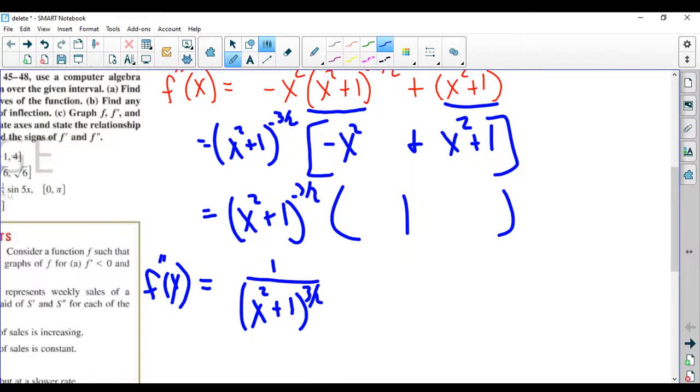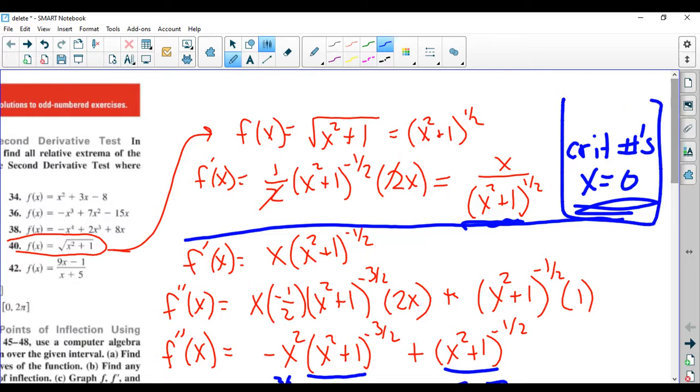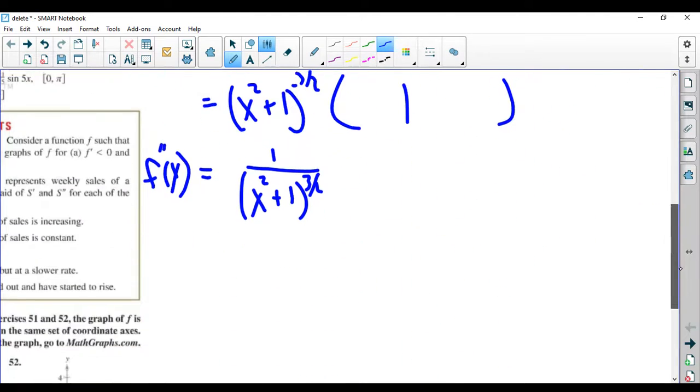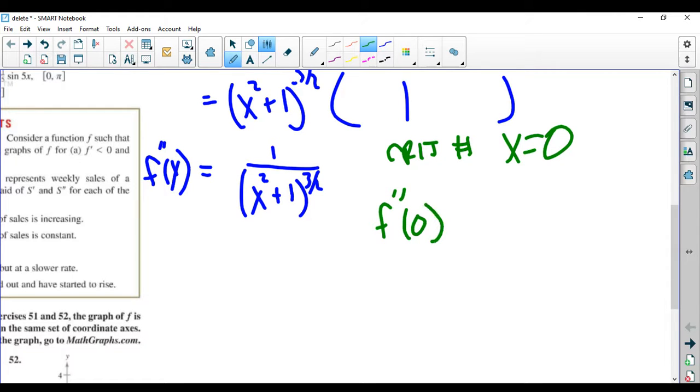So we have to go back to look at our critical numbers. Our critical numbers were x equals 0. So second derivative test, you just plug in that critical number into the second derivative and determine if that is positive or negative.